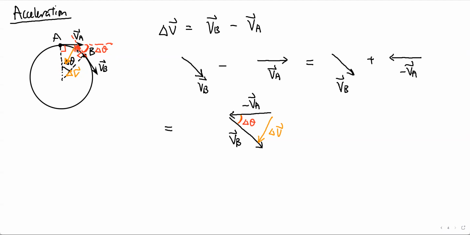So therefore this angle should be 180 minus delta theta. So therefore this angle is delta theta. Then this angle is the angle between VA and VB. That's why in the diagram it's delta theta.